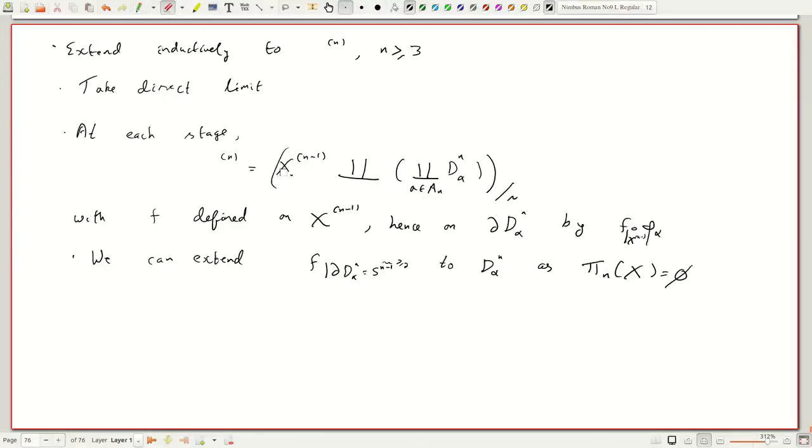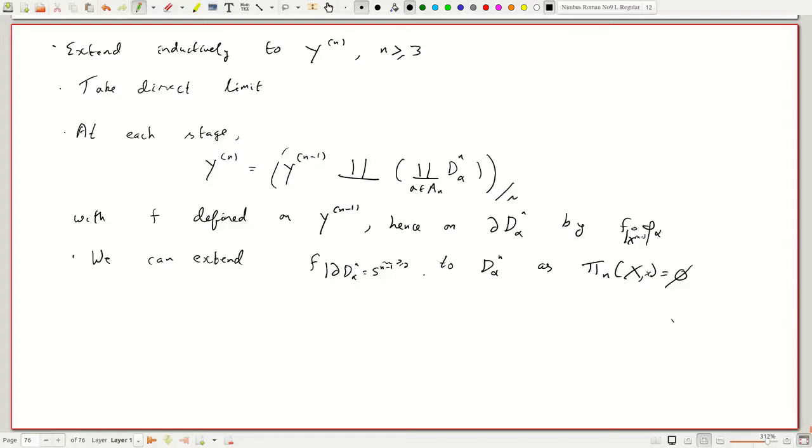This was not a subtle point, so it's not so serious, but you may have spotted that actually our domain spaces are all Y, not X. It's not the target space that we are doing, but this was not delicate. But here really we are using pi n of X, x0 is 0.